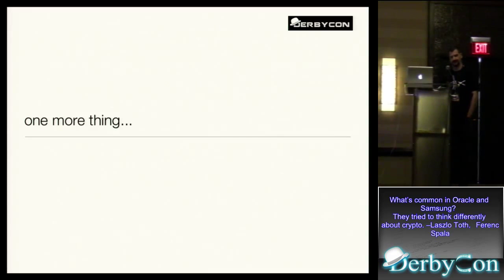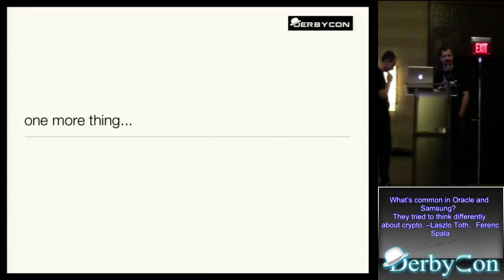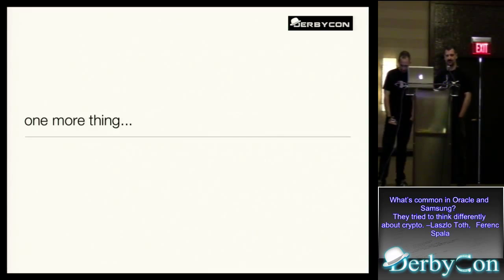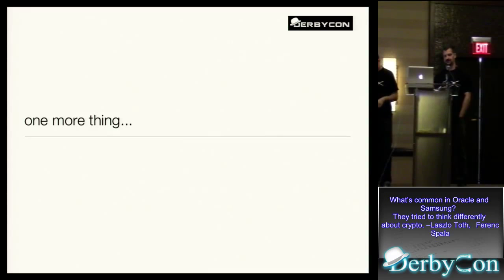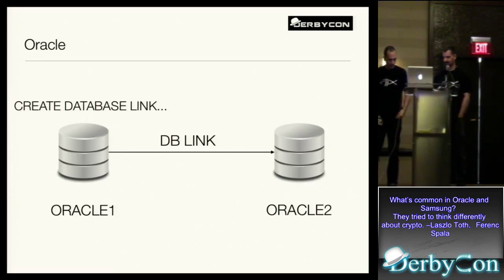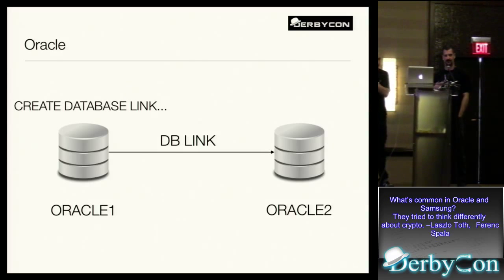One more thing. Last year we had a mobile part in our database presentation. This year we have a database part in our mobile presentation. We know it's far-fetched, but it's about crypto and it will be fun, you will see. We talk about how Oracle stores the database password links.